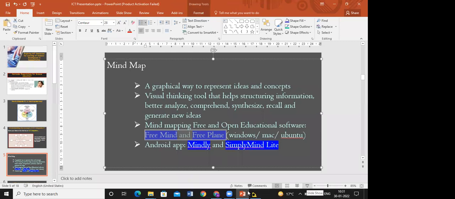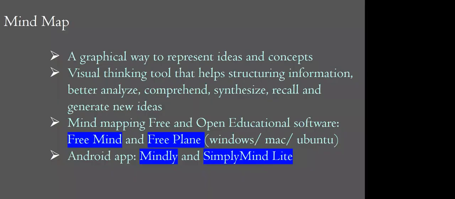And if you are using a mobile, you can use Android apps like Mindly and Simple Mind. All these softwares are completely free. You can download them, install them in your system, and then use them.